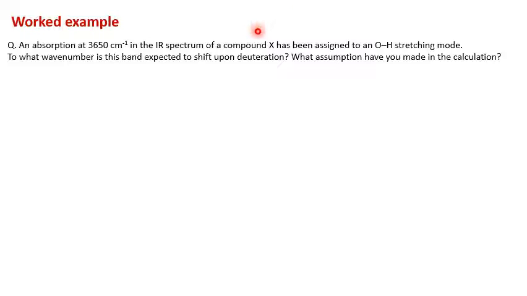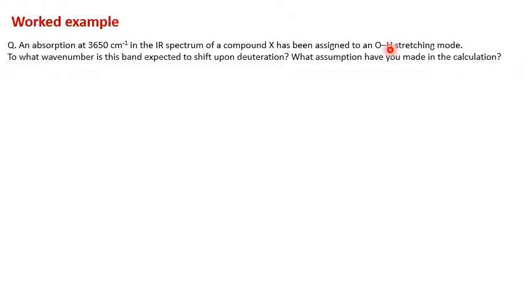In order to do this problem, we have to go to the Hooke's law equation, that nu bar is equal to 1 by 2 pi c times root over k by mu, where k is the bond strength constant and mu is the reduced mass. The assumption here is that by changing OH to OD, the k value, the bond strength constant, will remain the same.